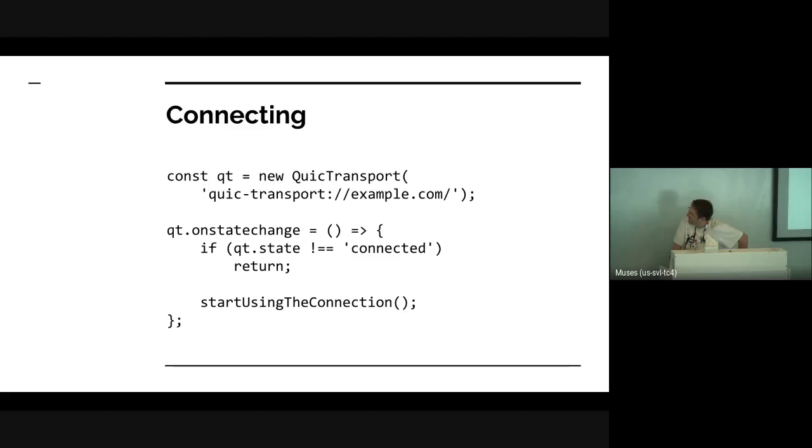There's also a state getter on the QUIC Transport object, which tells you what the current state is. So in this case, we're only interested in the connected state, but there's also closed and failed states and a connecting state as well.